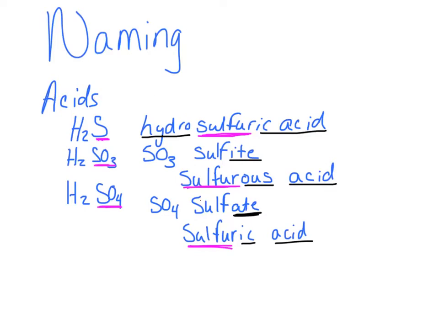Then we start adding oxygens in, and if we have an ITE ending, like we do in H2SO3, we're going to give it an OUS and then acid. If we have an ATE ending, like we get from SO4, then we're going to give it an ic acid. So a couple other examples of these would be chlorate would be chloric acid, whereas chlorite would be chlorous acid.